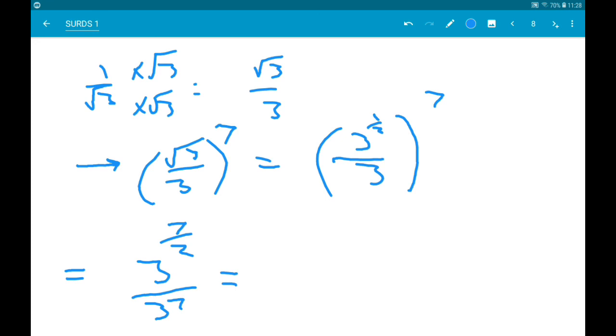Now, what we want to do is split the power on top so that we have a whole number power and then a fraction. So 7 halves is 3.5. So by the rules of indices, we can write the top as 3 to the power 3 times 3 to the power 1/2.